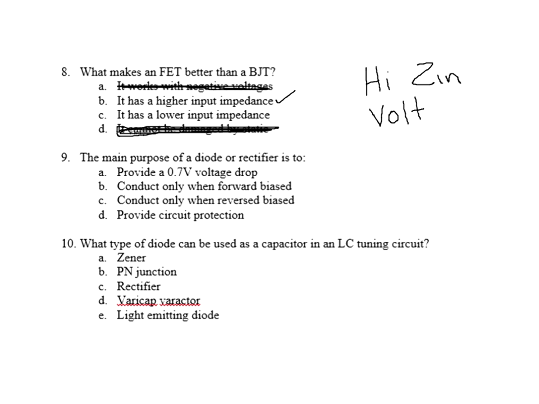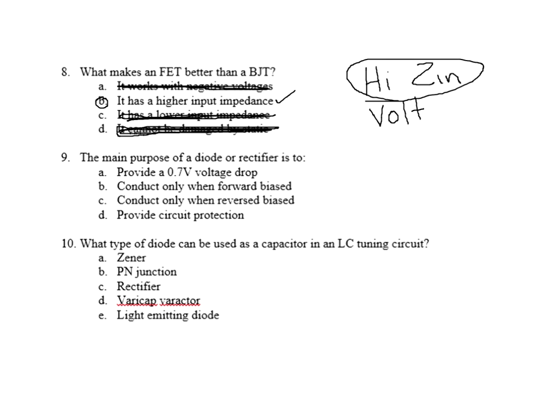As a matter of fact, in a MOSFET you have an insulated gate, and that insulated gate is easily damaged by static. So when you see that question, which of the following needs special handling? It'll be an FET of some sort. All right, does it have a lower input impedance? No. We said it has a higher input impedance because it does not need current to make the gate work. So the only possible answer here would be this one, B.